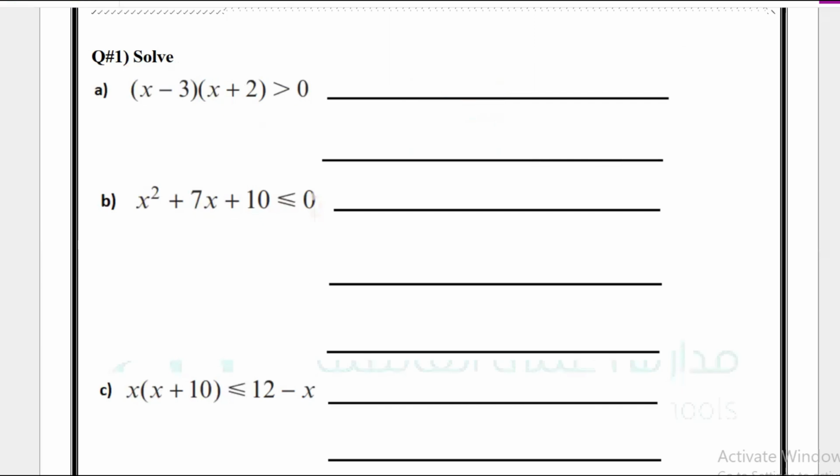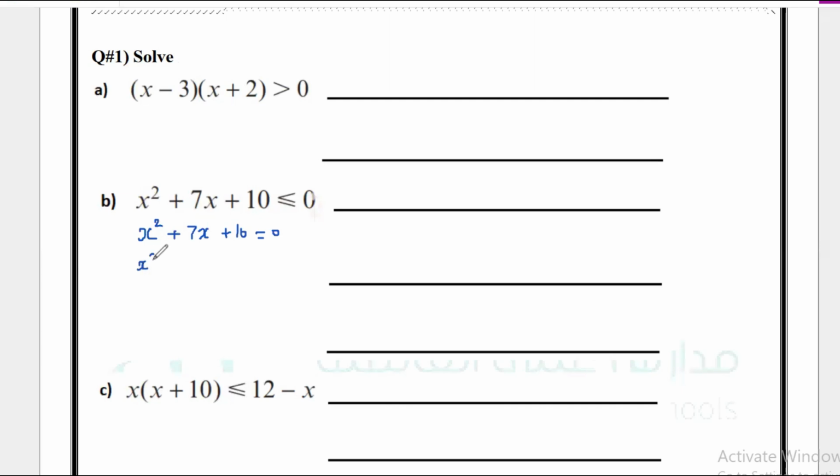Next part, we will try to factorize first, and we can write it in equation form first. X squared plus 7x plus 10 is equal to 0. Here our product is 10 and the sum is 7x. The factors of 10 are 10 and 1, 5 and 2. So 5 and 2 will work for us.